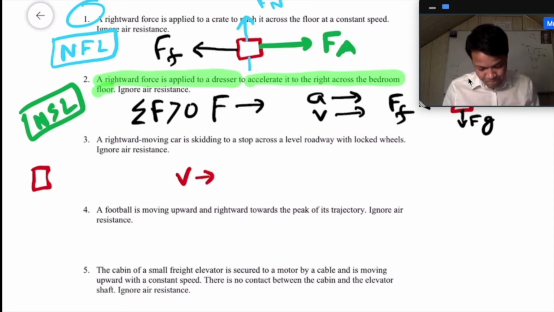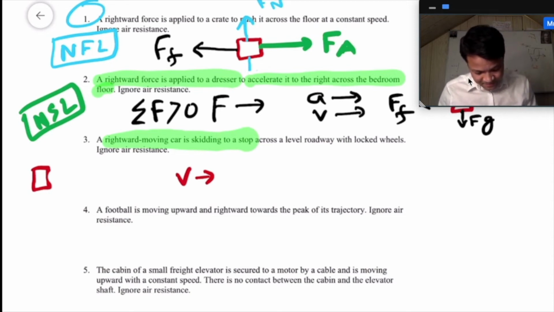So then acceleration must be in the opposite direction, because it's slowing down and stopping with locked wheels.